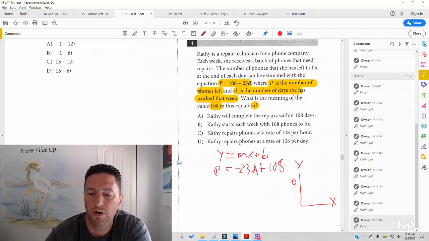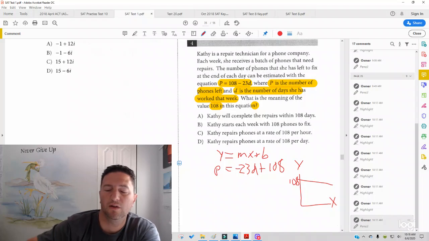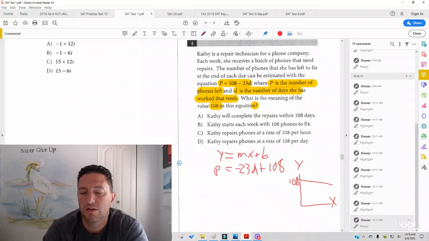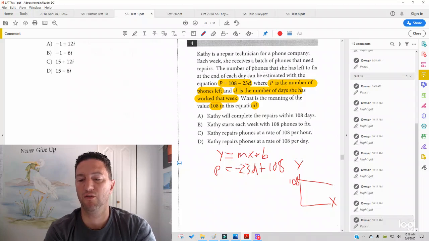Your starting point is 108, and it looks like we've got a negative slope here. So keep in mind that your y-intercept is always your starting point, and usually when it's referencing slope, it'll use the word per. So in this case, we have per hour.